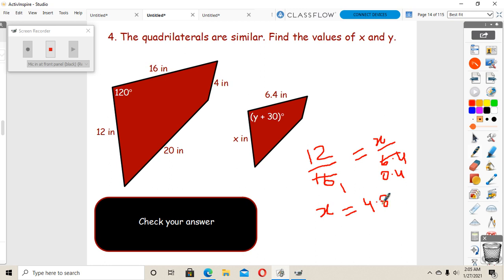That is the value of x. Then the value of y, the angles. We can say y plus 30 equals 120 degrees. If we subtract 30 from 120, 120 minus 30 gives us 90.